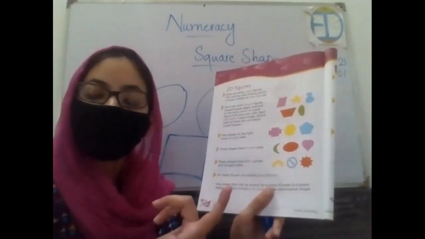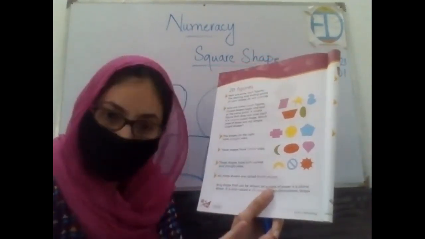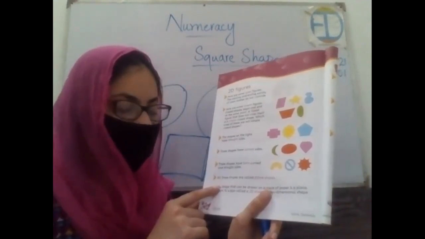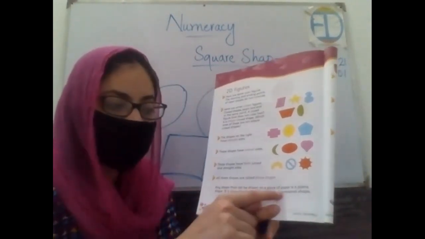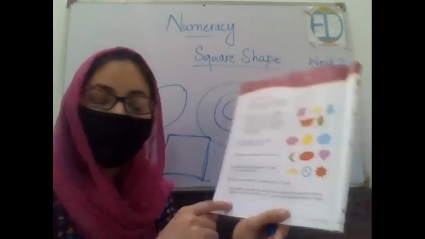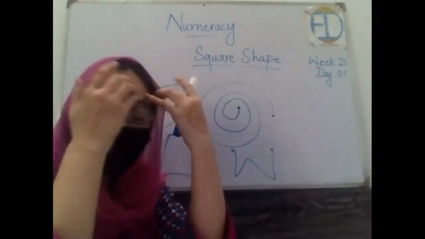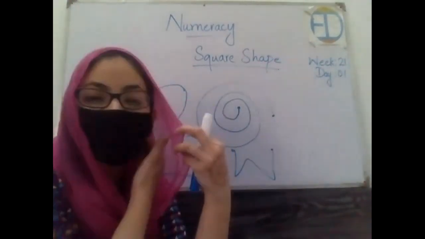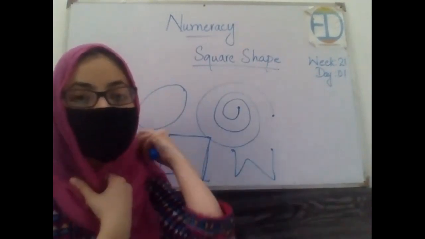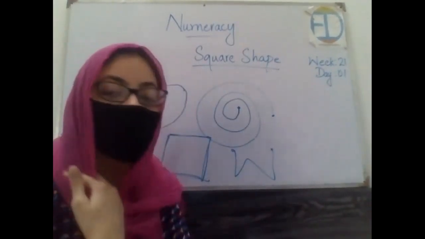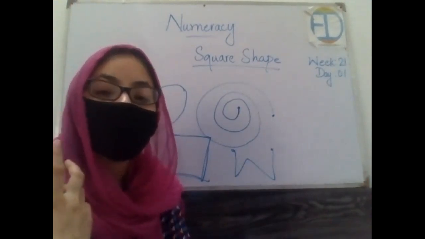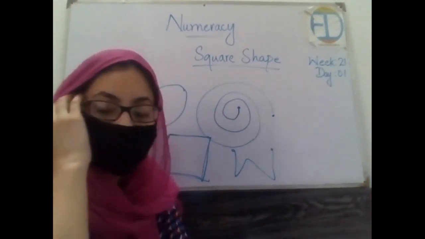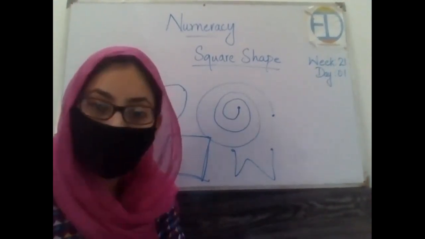What do we call them? Plane shapes. Got it? Any shape that can be drawn on a piece of paper is a plane shape. What does plane shape mean? Any shape which we can easily draw on a piece of paper is known as a plane shape. And 3D shapes are the shapes which we cannot draw on the paper.